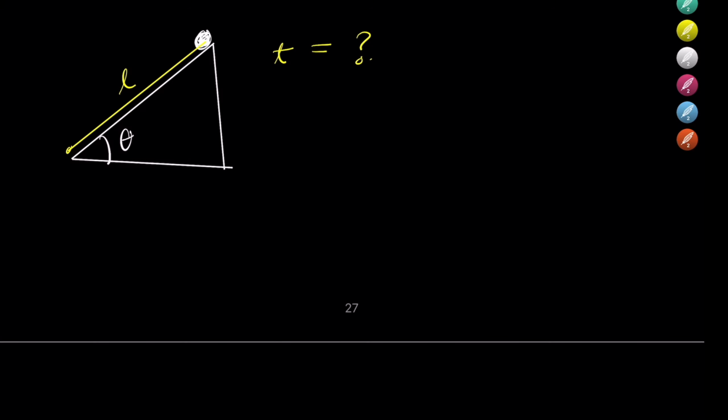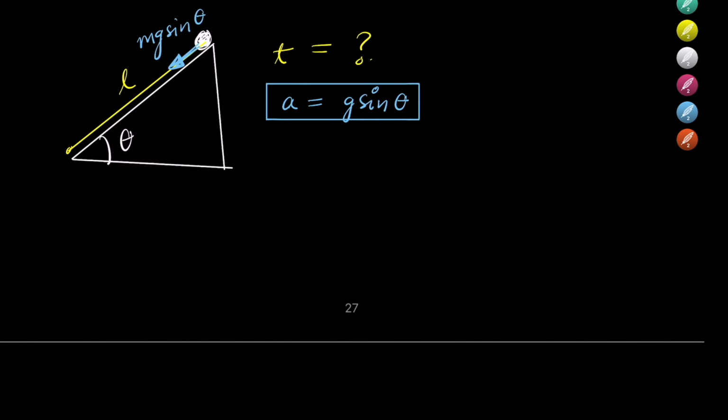We just need to calculate the acceleration in this direction. We have drawn free body diagrams so many times that we already know the force acting in this direction will be mg sin theta. So acceleration along the plane will be force by mass, that is g sin theta. Now it is covering L distance along the plane with acceleration g sin theta. So how much time will it take?